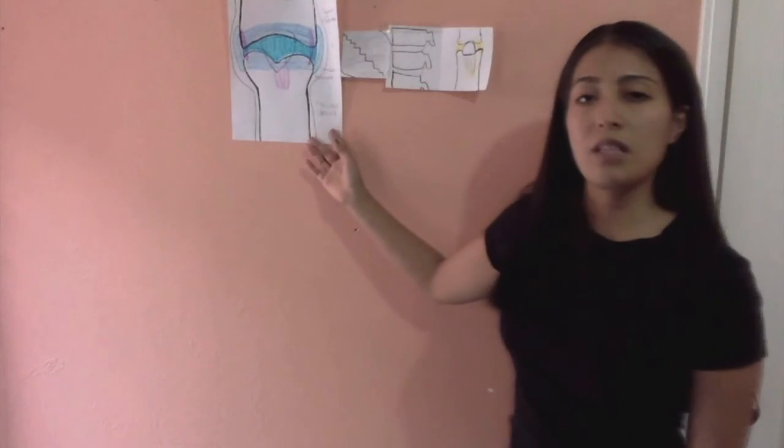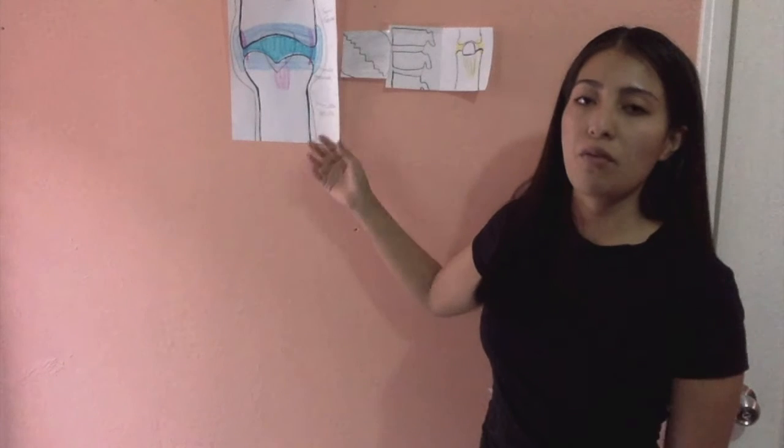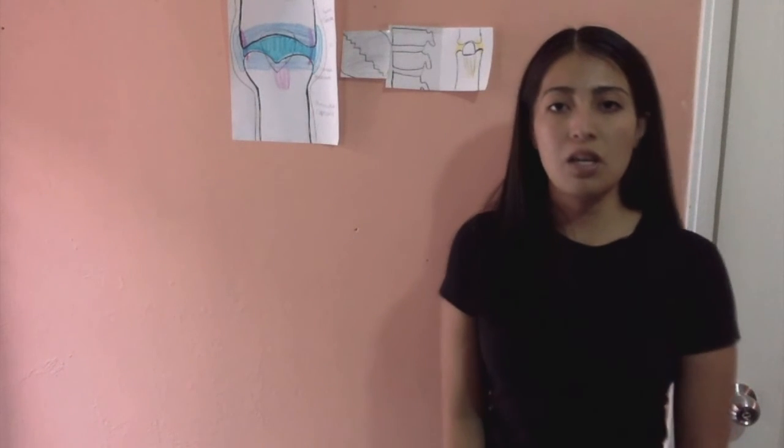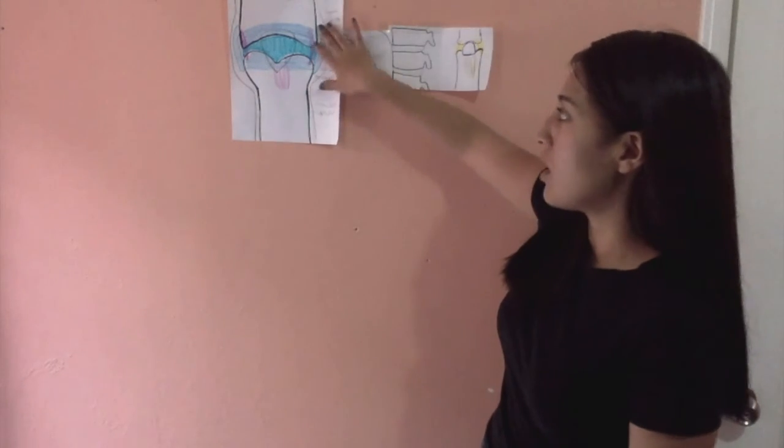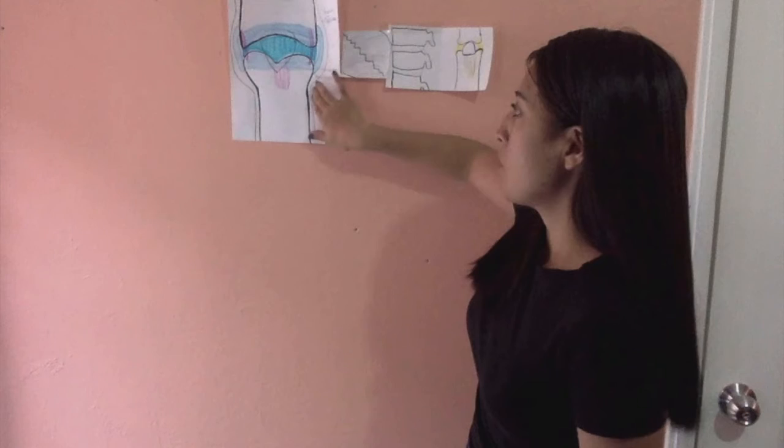Then we have the synovial joint. This type of joint is covered by articular cartilage and joined by ligaments lined with synovial membrane, and this includes the articular capsule. The articular capsule is a sac-like envelope whose outer layer is lined with a vascular synovial membrane.